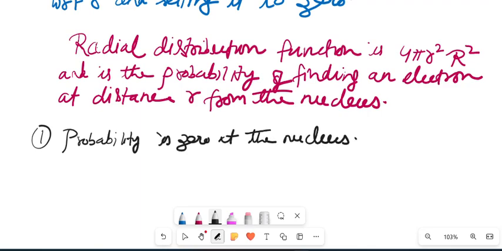Means at the nucleus, the probability of finding the electron is 0, and there is no possibility of finding an electron at the nucleus.